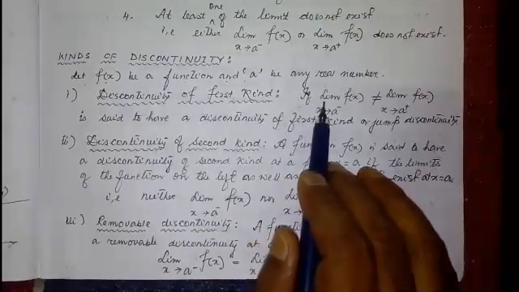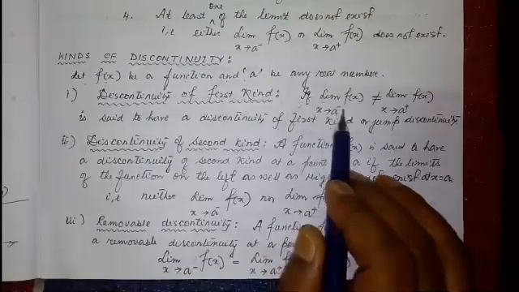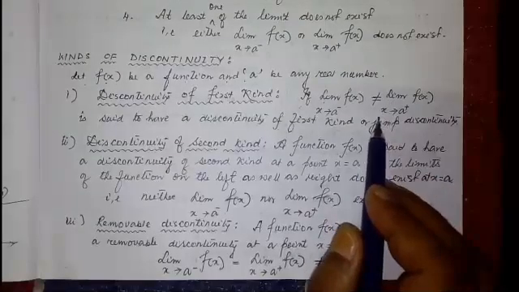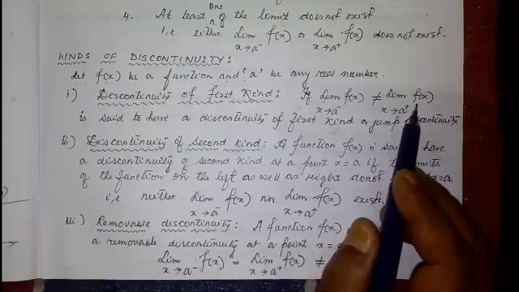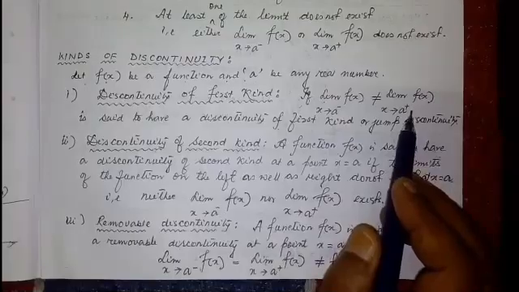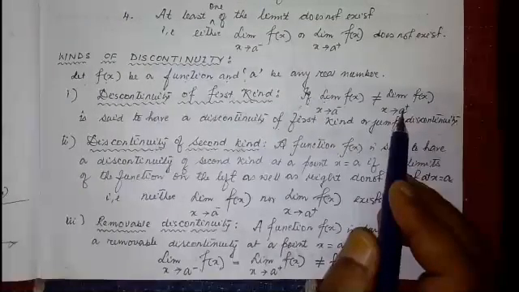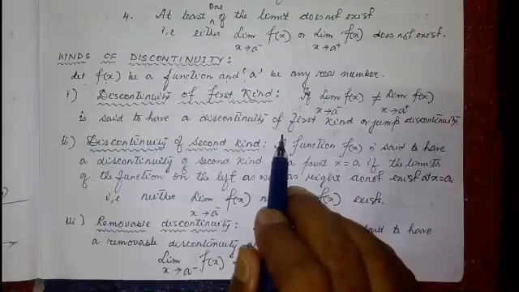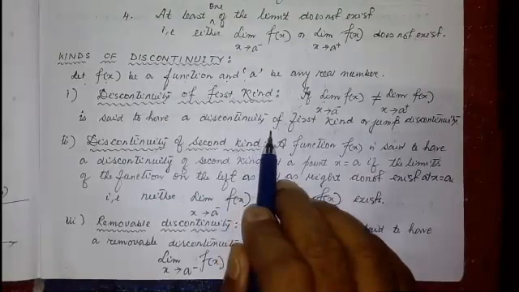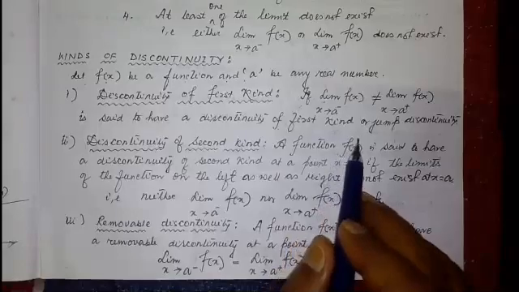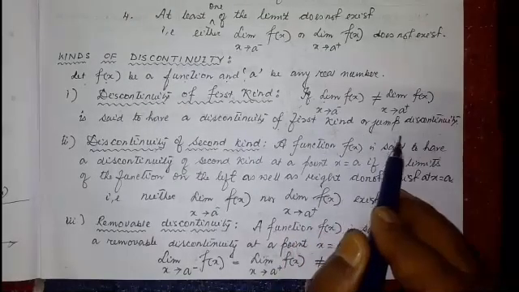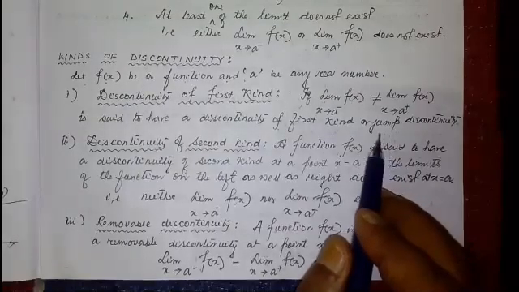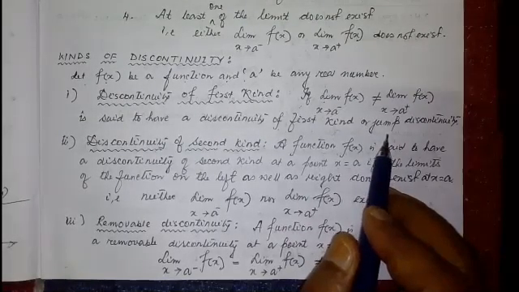That is, if limit x tends to a minus f(x) is not equal to limit x tends to a plus f(x), then the function is discontinuous. That is discontinuity of the first kind, or jump discontinuity. This is called jump discontinuity.